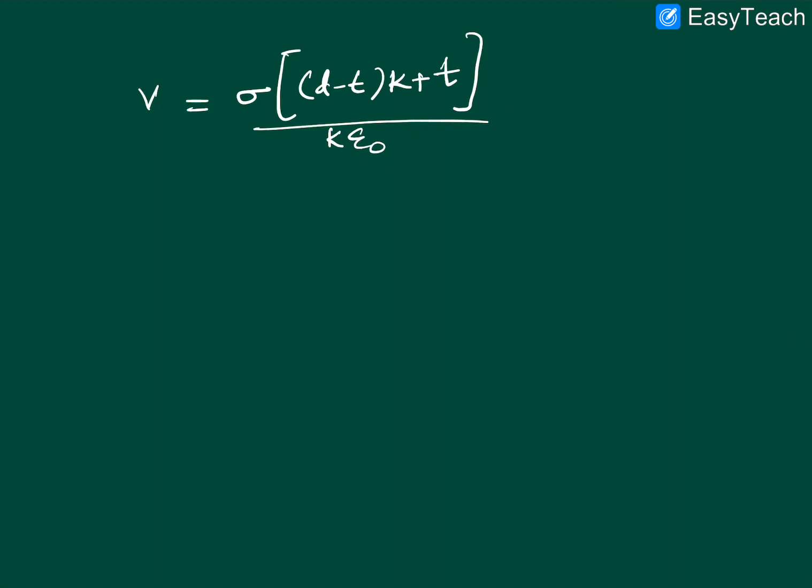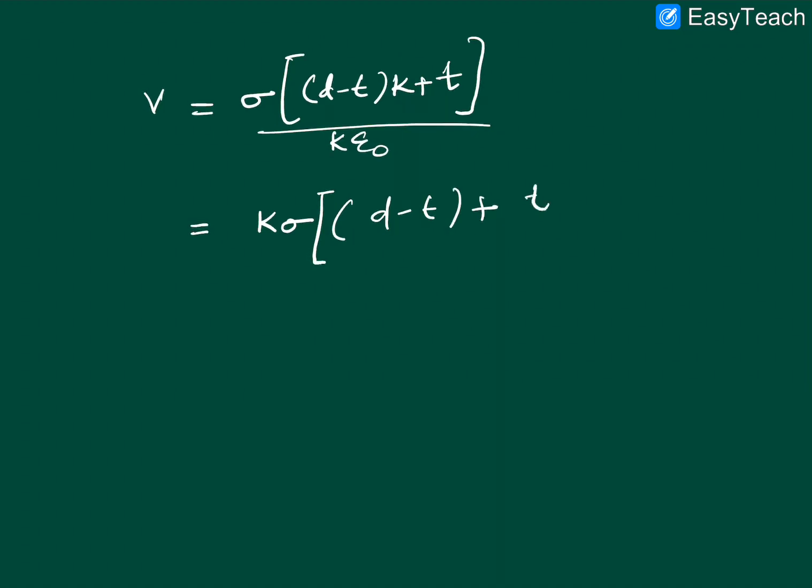Now let us take K out. If you take K out from the first term, K sigma, D minus T will remain, but in the second term there is no K, so you must divide it with a K, because you took a K out.